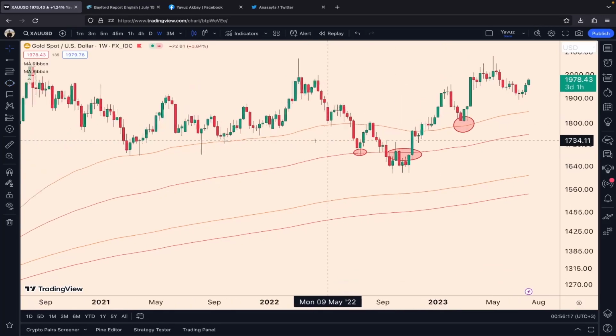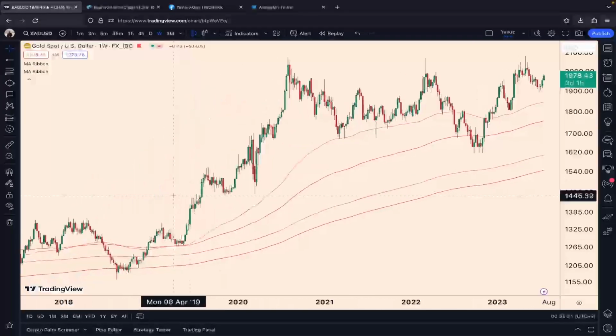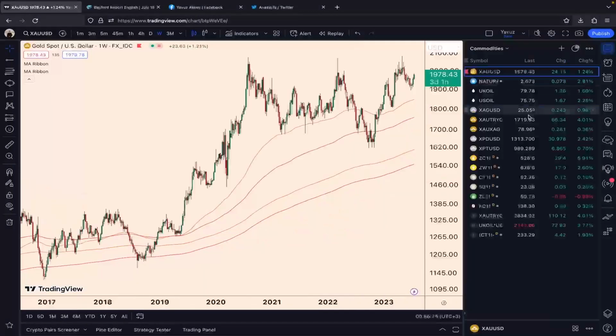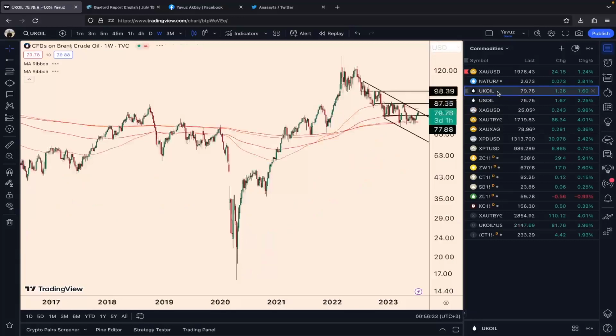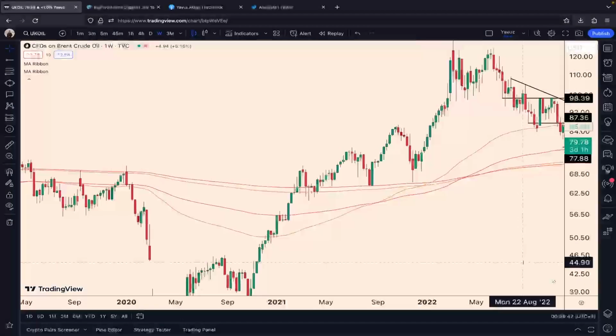These things are so important, and you can use them on any other ticker. Right now that's the gold ticker, and you could have used that on any other ticker. Let me look at natural gas. Let's say here, yeah, that's Brent oil.